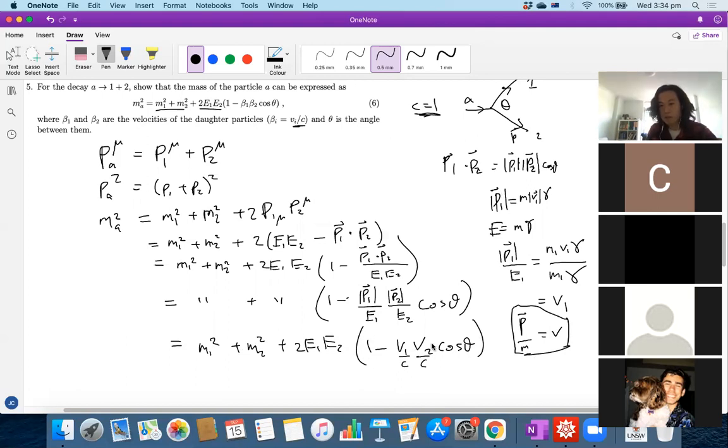So this term has to also be dimensionless. You can't add or subtract two terms that have different units. Cos theta has no units if theta is in radians, so the only thing I need to get rid of the velocity dimension is dividing by one factor of the speed of light, which is also a velocity. Now everything in here is dimensionless and everything works out. And you can call these factors beta_1 and beta_2.